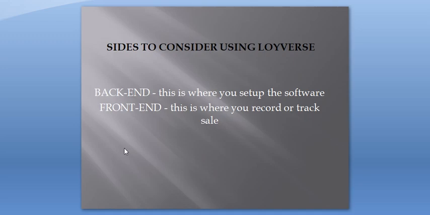So before you use the front end, you would have already set up the back end. So the front end cannot function without the back end. So for now, in the next video, I'll be showing you practically on how to use the Loives retail software. So that is it for this particular session.